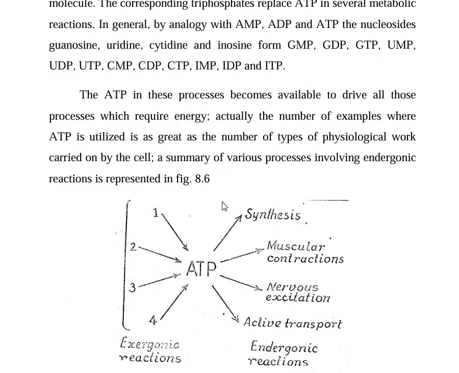So ATP becomes available to drive all those processes which require energy. The number of examples where ATP is utilized is as great as the number of types of physiological work carried out by the cell. The summary of various processes involving endergonic reactions is represented in figure 6.8.